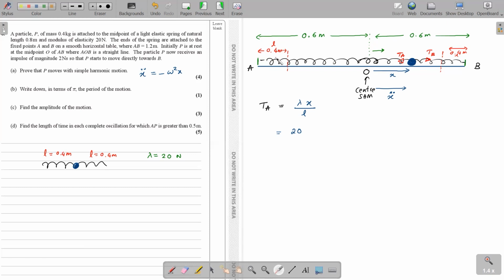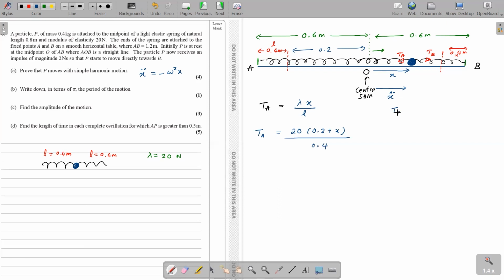From 0.6 you subtract 0.4 and you get this length, which is how much? 0.2. So this 0.2 is also extended, plus x distance. And this 0.2 plus x is the extension of spring A. 0.2 plus x, divided by the natural length of the spring, 0.4. So this is tension A.